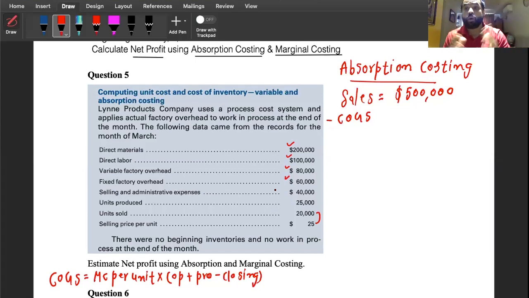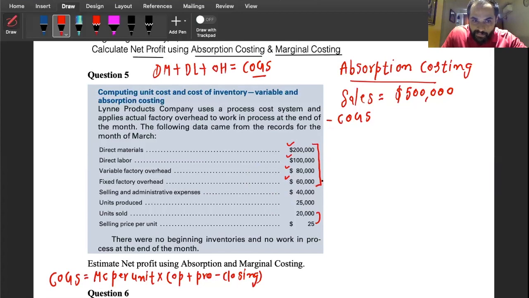Means we have all the information regarding material. We have material plus labor plus overhead, and that equals cost of goods sold.